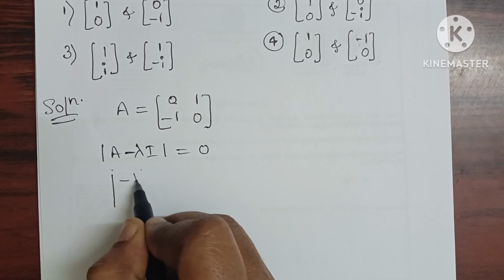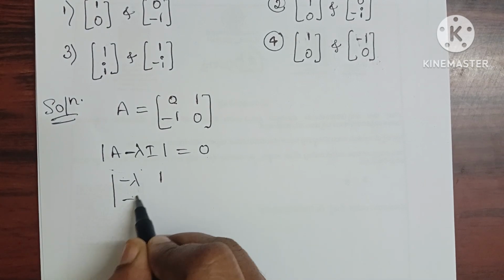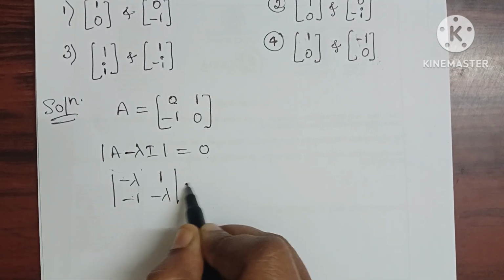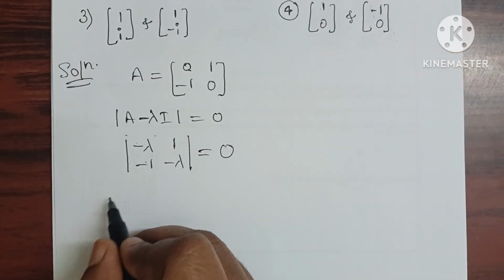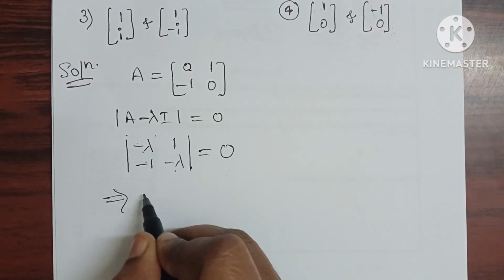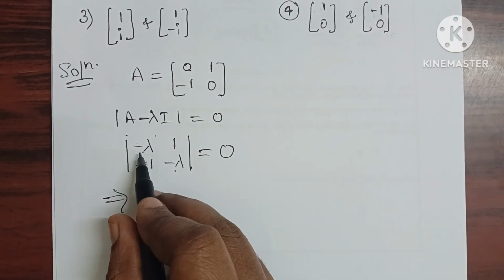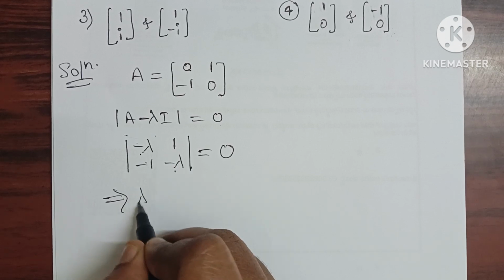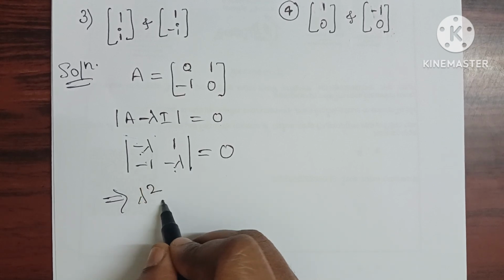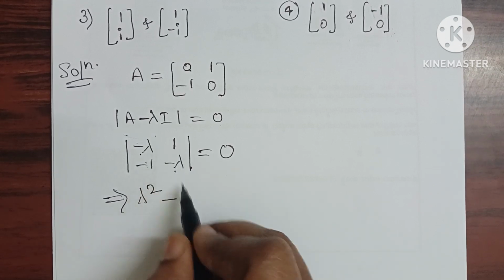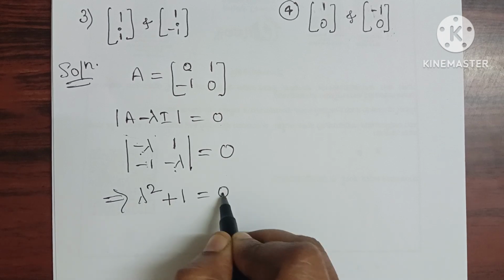We get 0 minus lambda is minus lambda, 1, minus 1, and minus lambda, equals 0. So expanding this determinant, we get minus lambda into minus lambda equals lambda square, minus of minus 1 into 1 equals plus 1, equals 0.